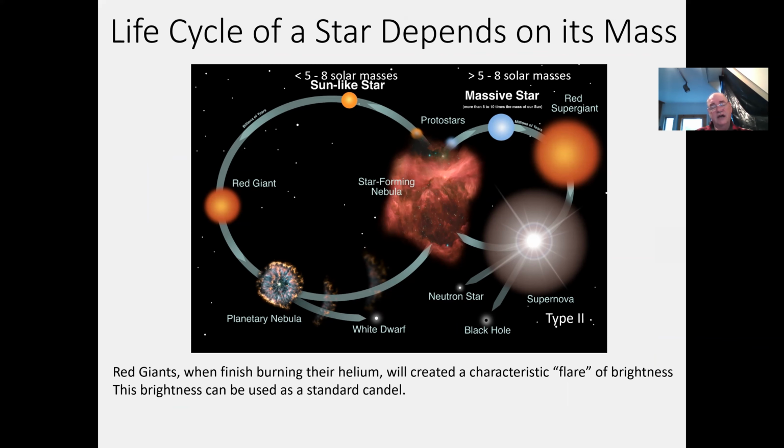On the right-hand side, you've got the heavy stars, where the cloud formation, the nebula, is very, very heavy, creates a big massive star, which will then blow up into a red supergiant, finally goes supernova, type 2 supernova, and what you're left with is either a neutron star or, in really extreme cases, a black hole. Okay, we weren't interested in that. We were interested in the other side, where the stars are of a smaller mass, because they will develop into the white dwarf, and that's where we get this type 1a supernova.